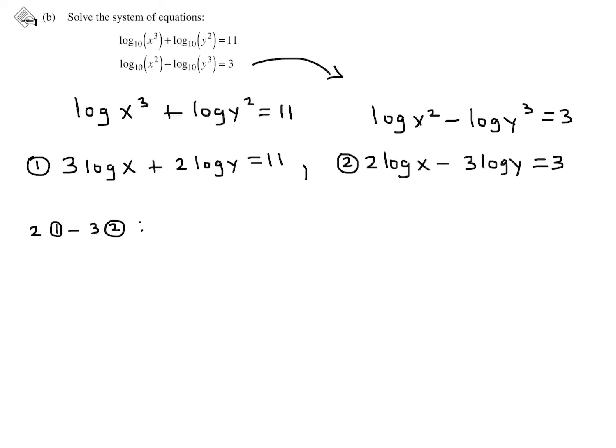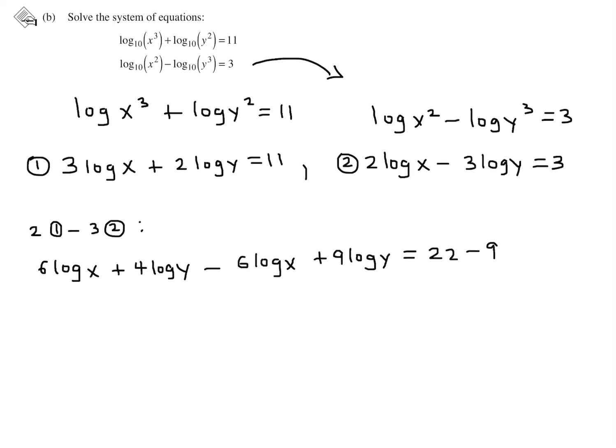So let's see what we get. 6 log x plus 4 log y minus 6 log x plus 9 log y. And on the other side, it will be 22 minus 9, like that.